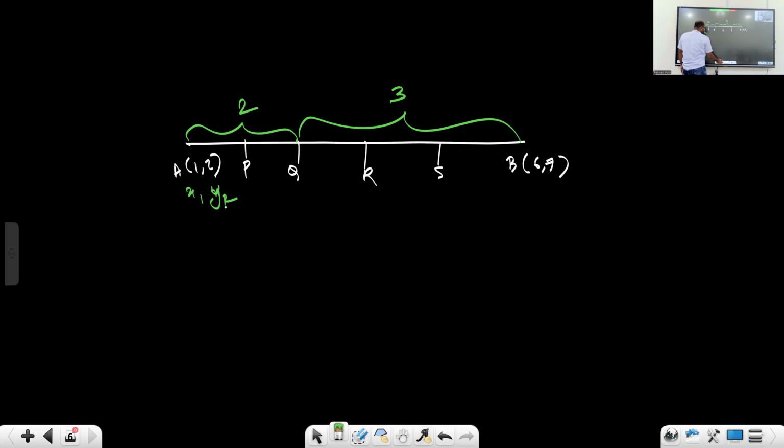X1, Y1. First value always X1. And this is X2, Y2. And this is M1, M2. Draw the diagram. Where's your diagram?